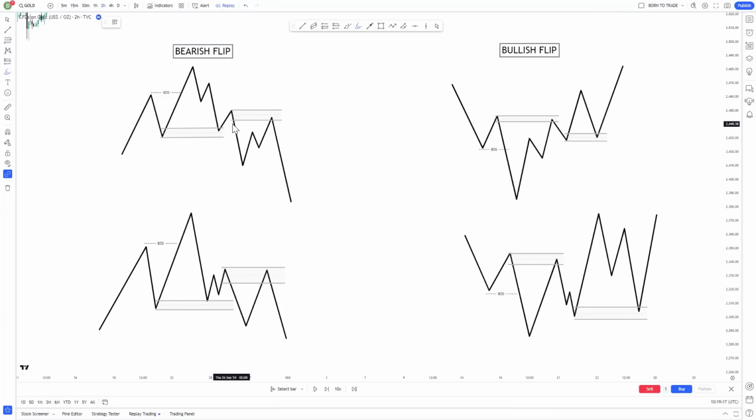This always occurs in the financial markets when we have a change in market sentiment, and sometimes it happens when there is a shift in supply and demand balance. So this is exactly what I'm going to explain in today's lesson: bearish and bullish flips in the market, how price can flip from a demand zone to a supply level, and how it can flip from a supply level to a demand level.